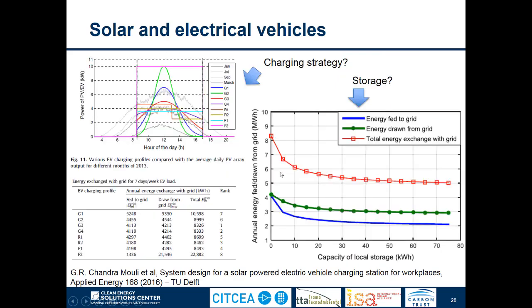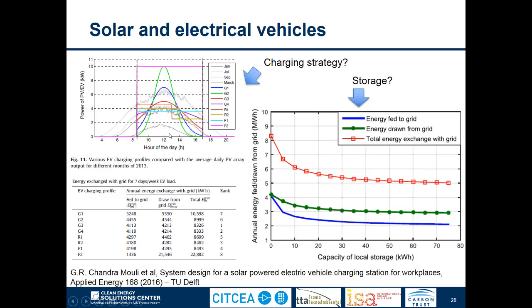Here we are seeing different charging strategies which can be considered. So in gray, in the figure in the top left, we can see how the solar PV power injection is changing in different hours of the day. So we see logically that in summertime, the power injection is much higher compared to winter.